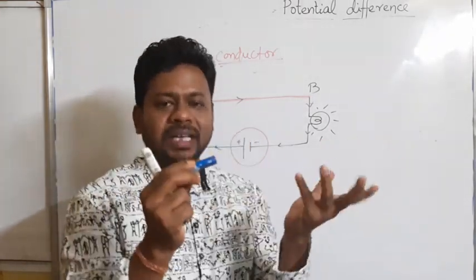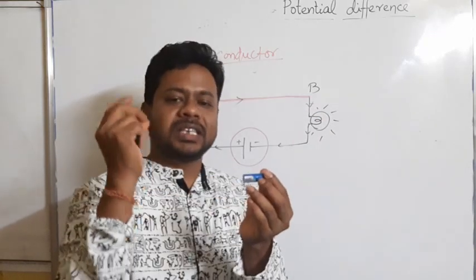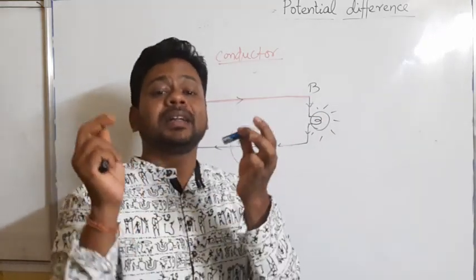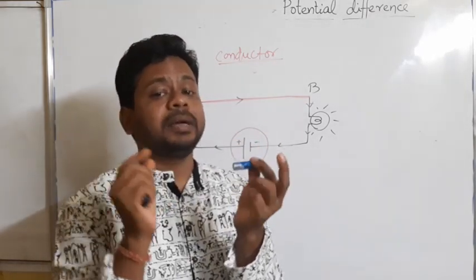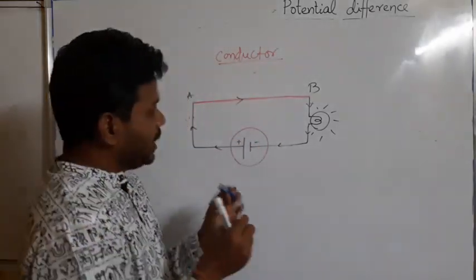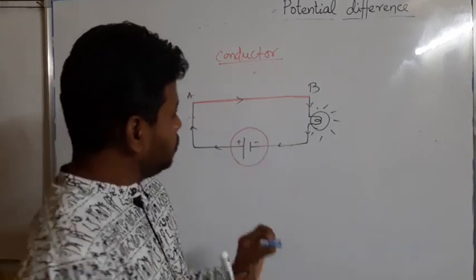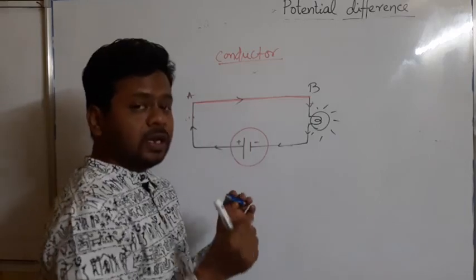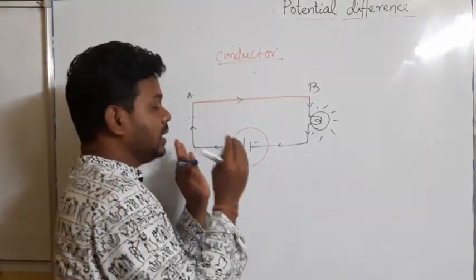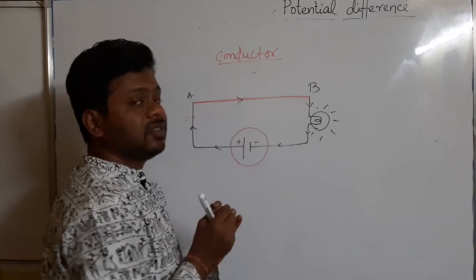Different types of cells or batteries are there. Some have 6 volt, they maintain 6 volt potential difference between the positive and negative terminal. So it is the cell or battery which maintains the potential difference in an electric circuit.